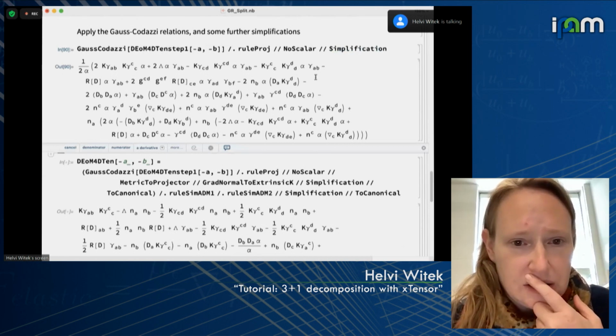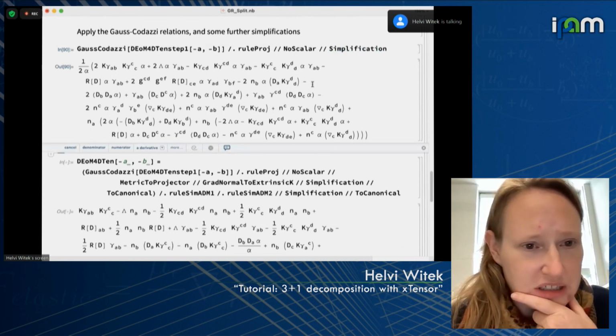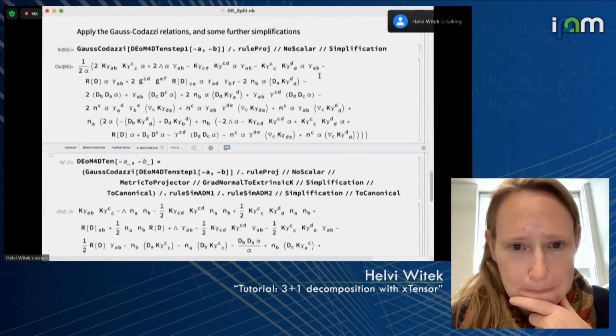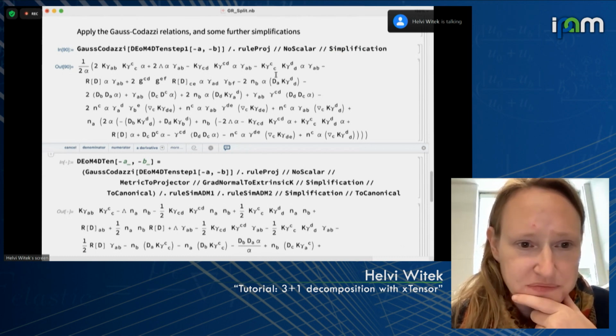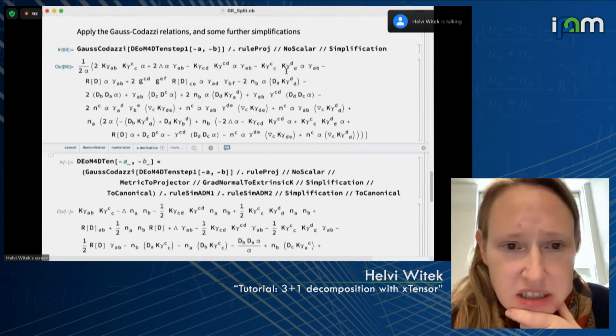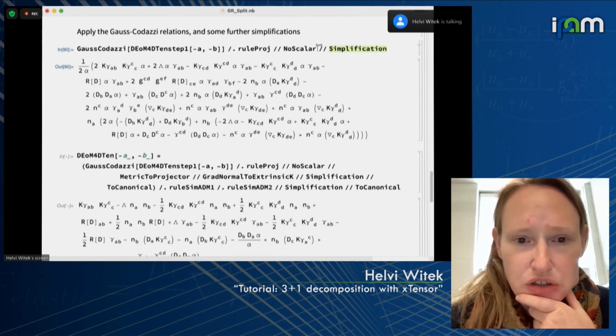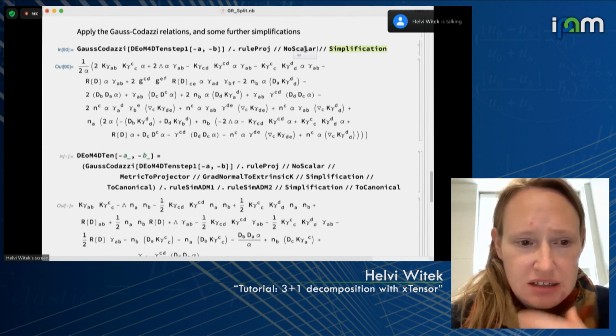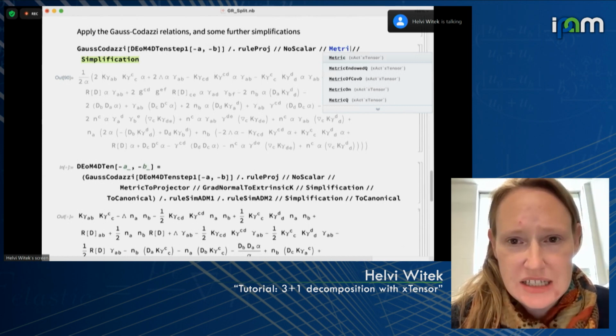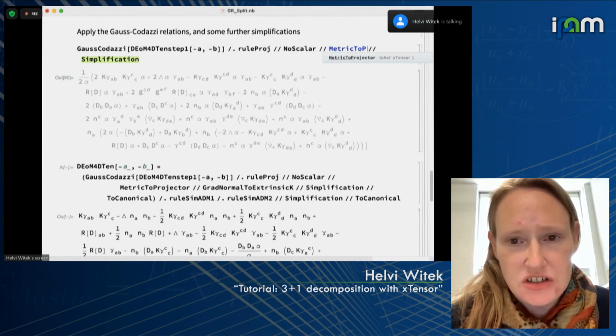Good. So we also still see some expressions. Let me see. Yeah, so the other one that I will also use is to say that I want to, again, replace whenever I see my four metric with the projection operator.